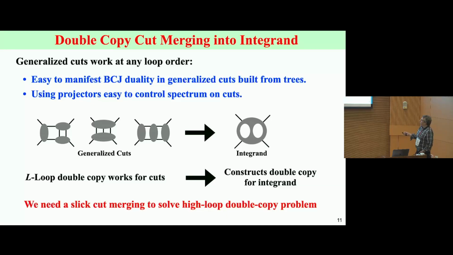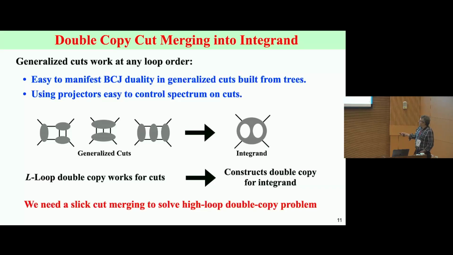At any loop order for the cuts, you can manifest the duality, no problem, with generalized cuts, just because it holds for trees. If it holds for trees, it'll hold for the cuts, because you just build your gravity amplitudes, gravity trees, and you just sew them into these cuts. And then we can also control the spectrum very easily.